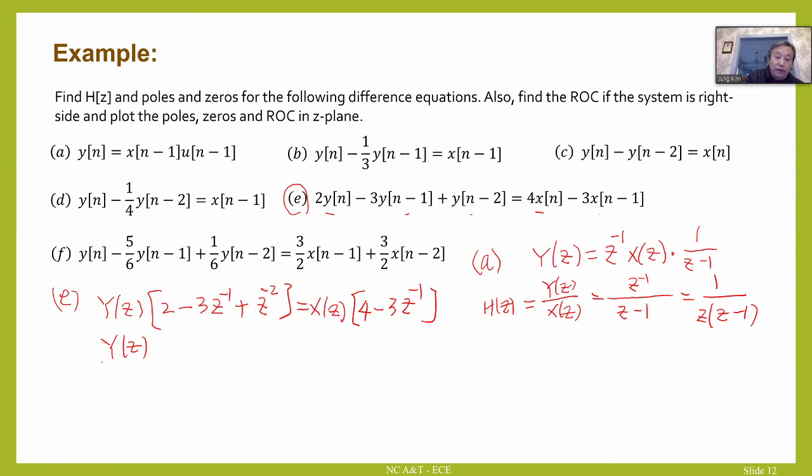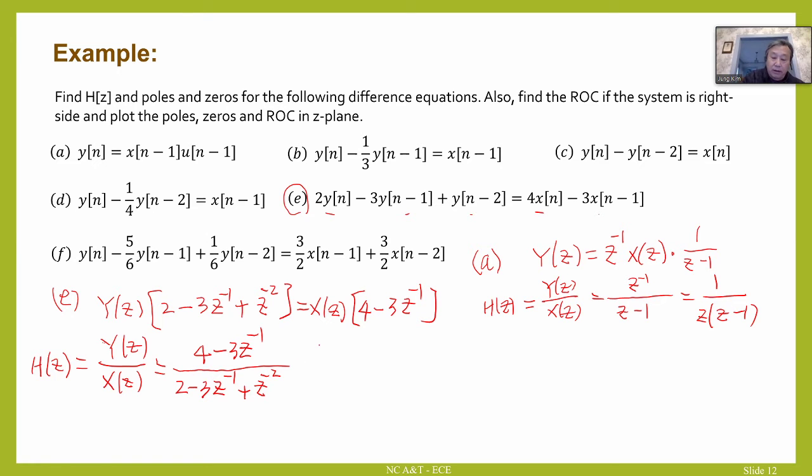So this is Y of z over X of z, which we said is H of z, equal to 4 minus 3z to the minus 1 over 2 minus 3z to the minus 1 plus z to the minus 2.